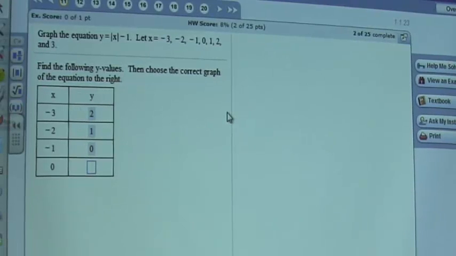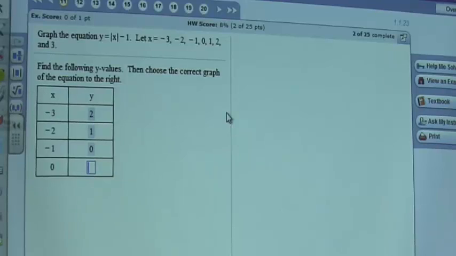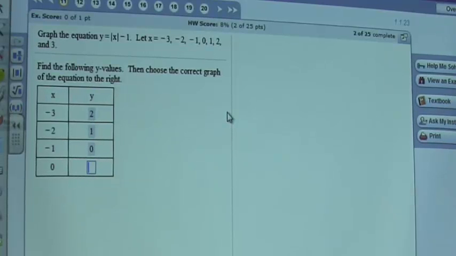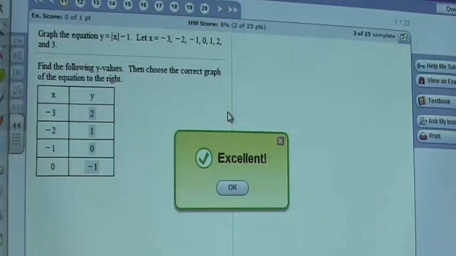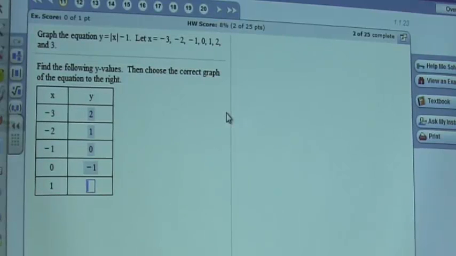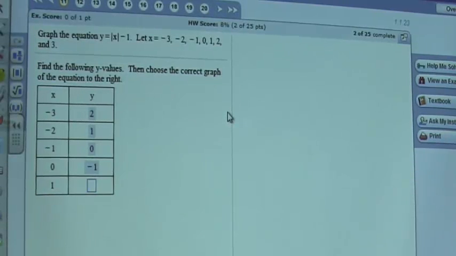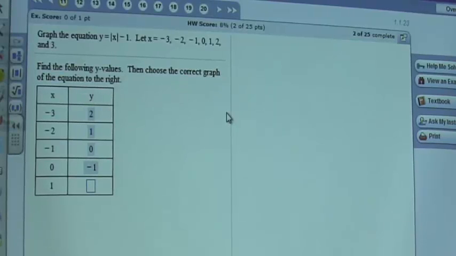What about 0? What's the absolute value of 0? How far away is 0 from 0? It's 0 away. It's the same. So the absolute value of 0 is 0. Minus 1 would be minus 1. What about 1? Well, let's see. The absolute value of 1 is 1.